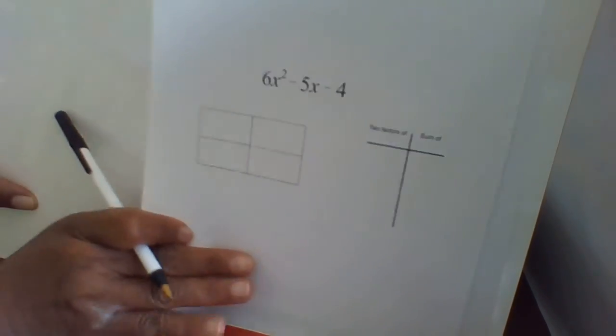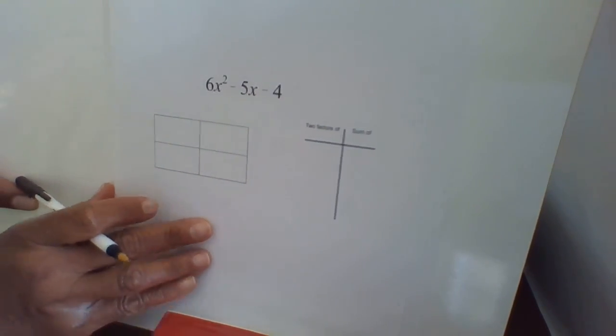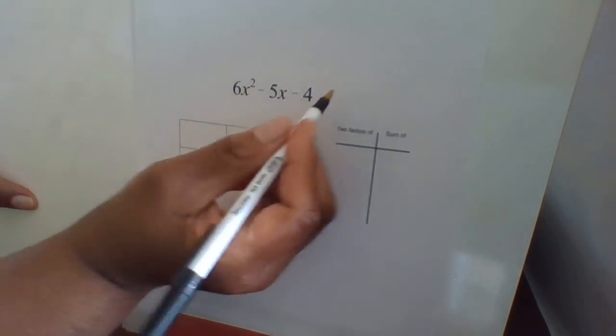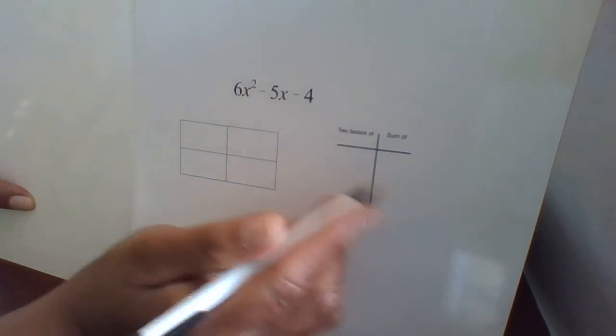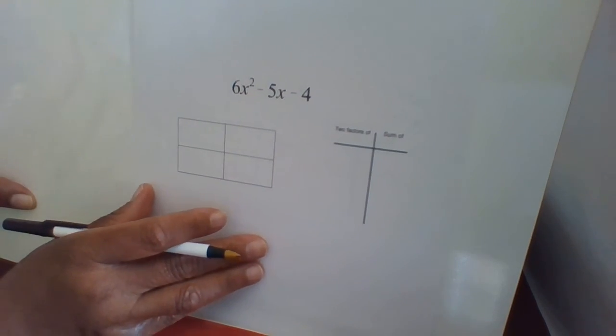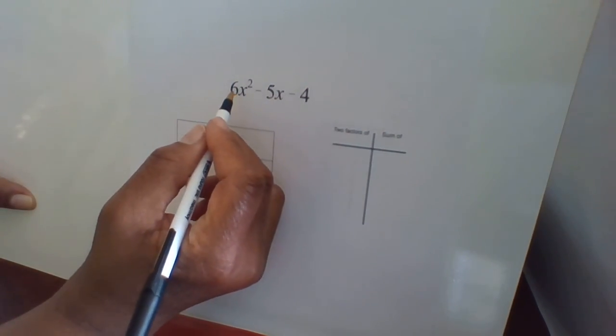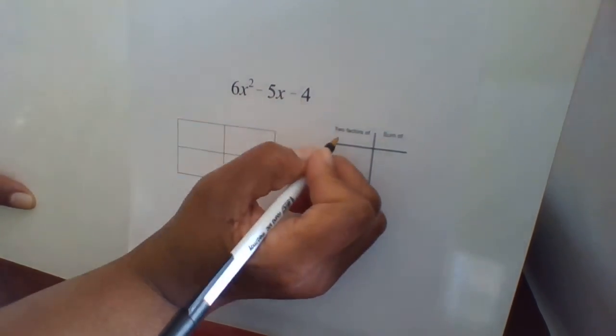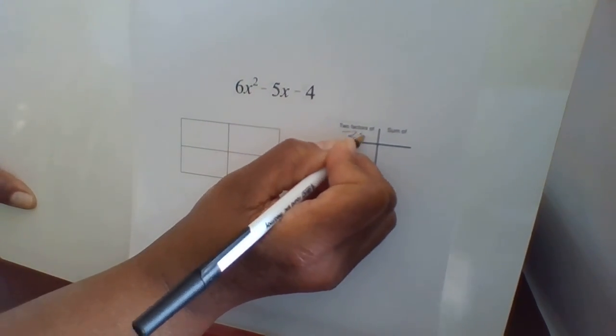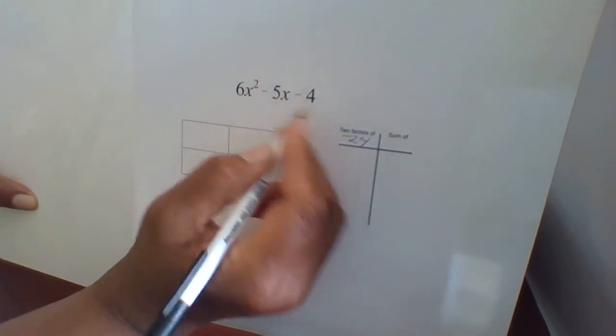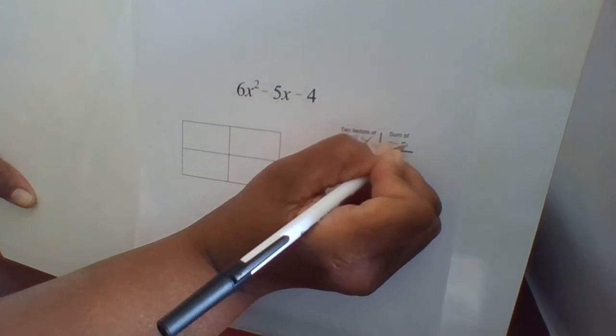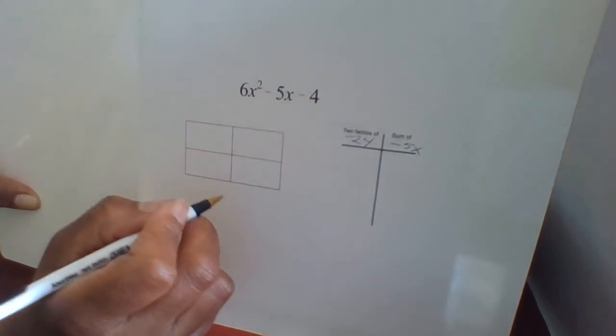The last problem is just like that, where the middle term is a minus and the last term is a minus. They're both negatives. So you still want two factors of 6 times negative 4, which is negative 24. That gives you a sum of negative 5x.